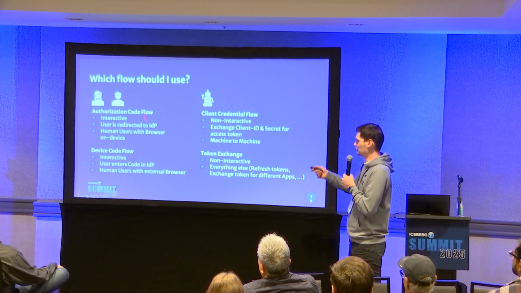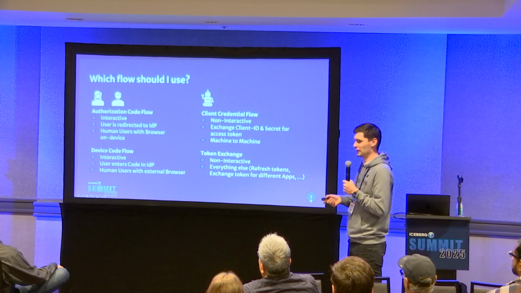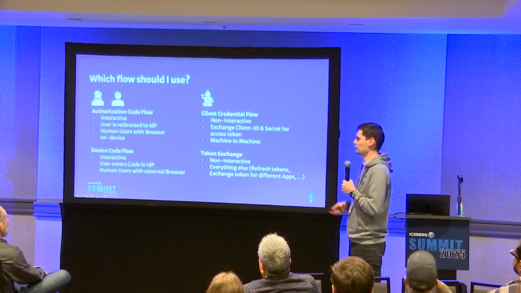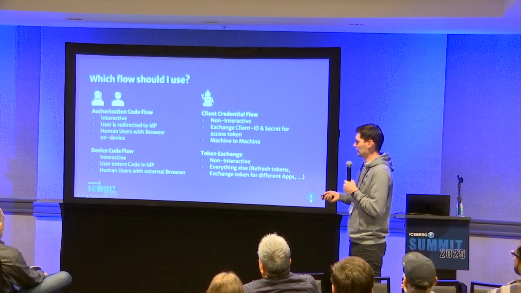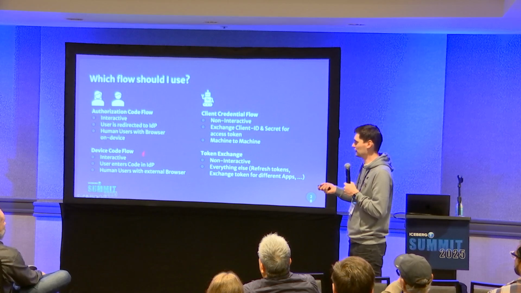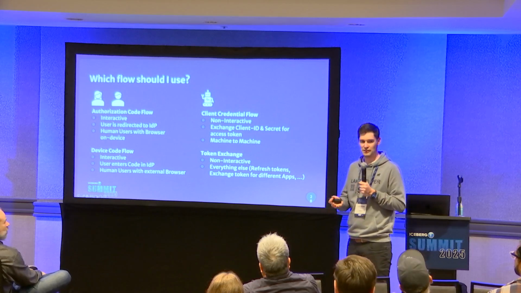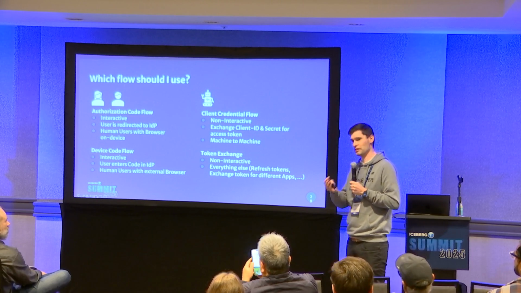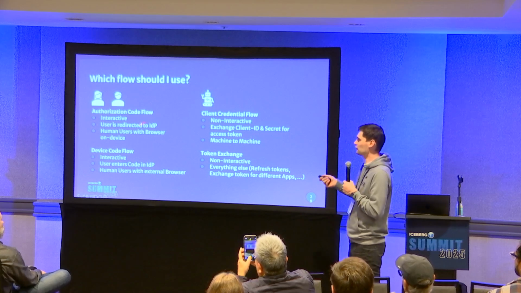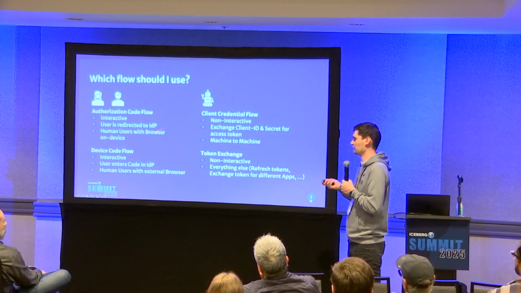The left side is meant for humans, and there are a few more flows for humans, but not that many. It's very important that if you log in as a user, you should always use an interactive flow, because without an interactive flow, you cannot use things like two-factor authentication. There are two main flows currently in the OAuth specification.